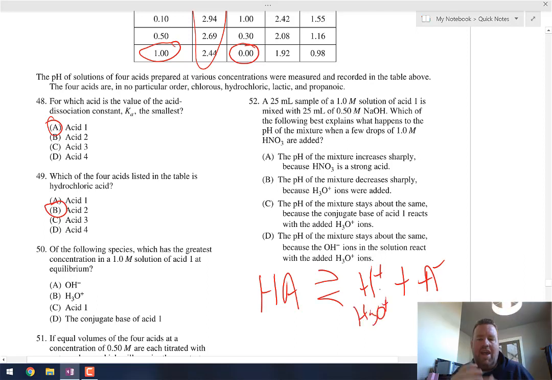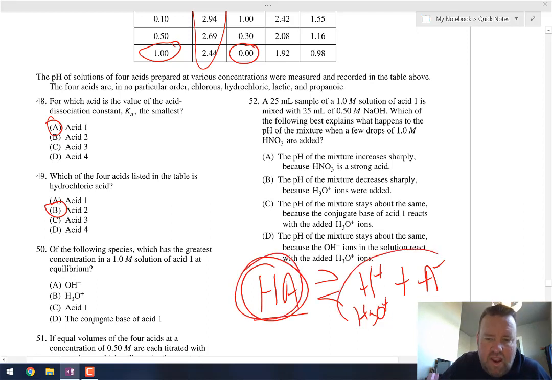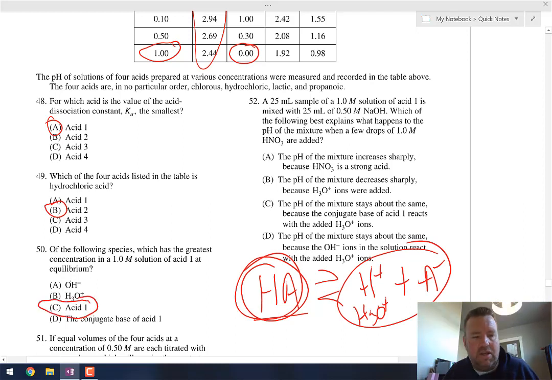In every weak acid, when it's just the weak acid, not a buffer solution, it's mostly all HA and very little of the ions. So what has the greatest concentration in that solution has to be that original acid, which means the correct answer is C.